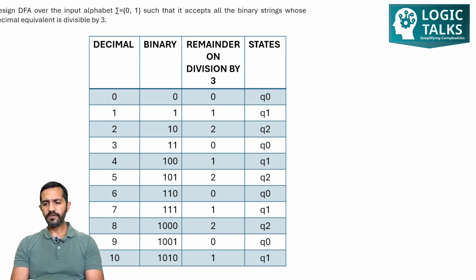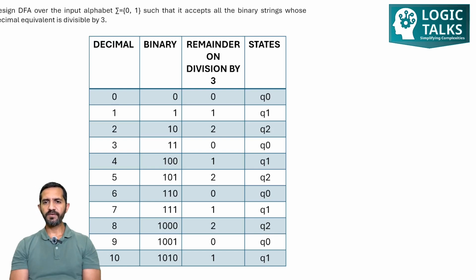So what we can do is make three distinct states, one for each remainder value, and then construct a DFA such that it lands on the state representing the appropriate remainder value for the respective input. As we can see in column number 4, we have a state corresponding to each remainder value.